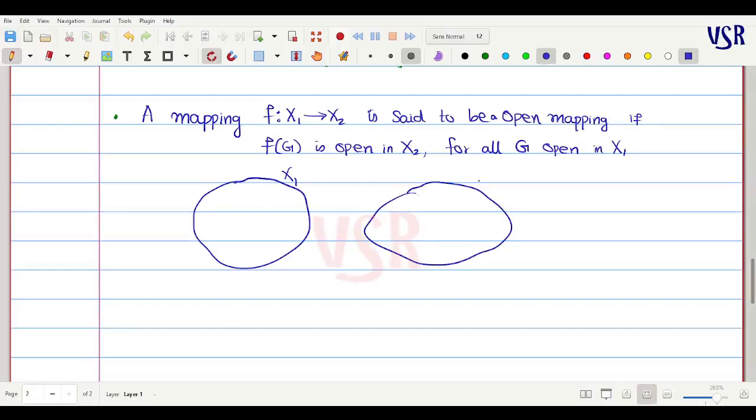Okay, we are having a function here. Suppose if you are taking an open set, suppose this is my open set G.